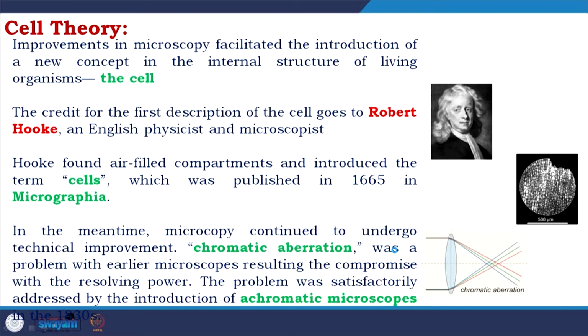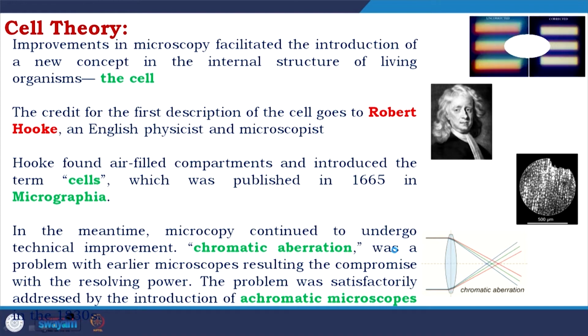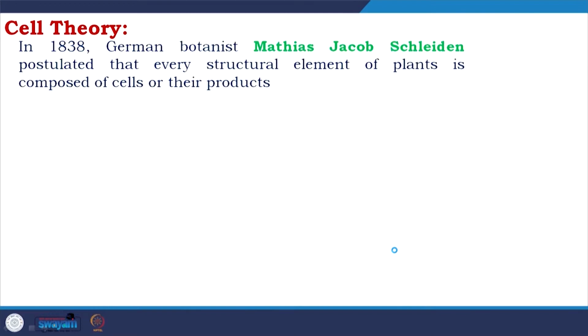So, this is the chromatic aberration, and when it was corrected, you will see that the resolution of the picture significantly improved. In 1838, German botanist Matthias Jacob Schleiden postulated that every structural element of plants is composed of cells or their products. This is Schleiden.